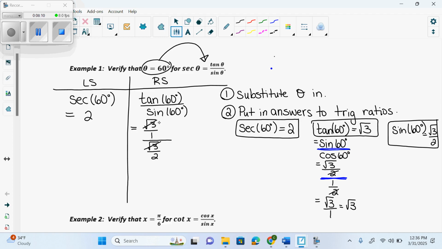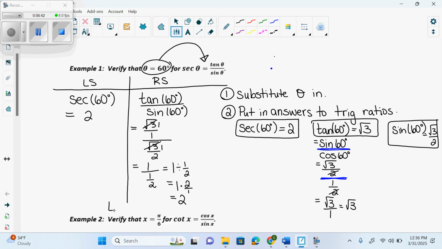Root 3's, but we're still left with 1's up there, correct? So this is technically 1 over 1 divided by a half. What happens when you divide by a half? It flips, right? We could write this as 1 divided by a half, which is the same as 1 times 2 over 1, which is 2.